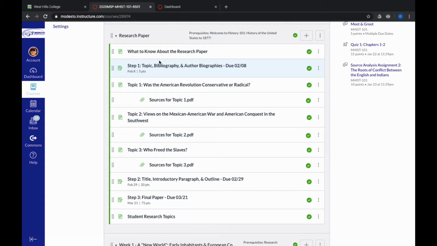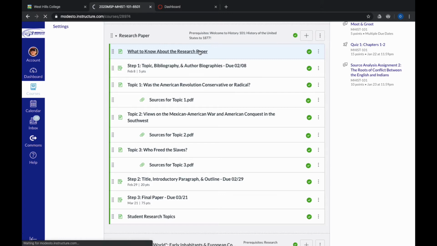This kind of gives you the incentive and the structure to start chipping away at it step by step. So I'm going to go through this in depth really quickly, again, as quickly as I can, but I want you to know what to expect as far as this research paper so you can start working ahead on it.